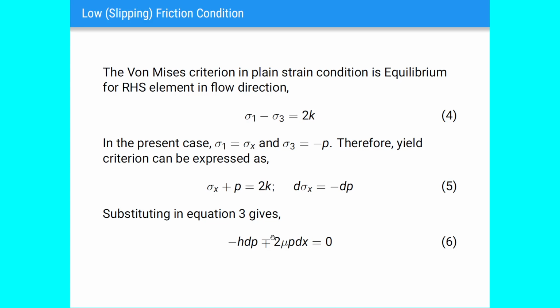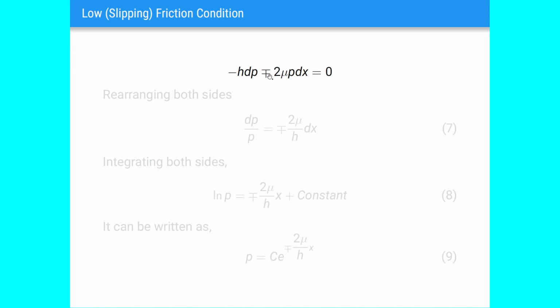Now we need to rearrange this equation 6, that is minus h dp minus plus twice of mu p into dx equal to 0. If you rearrange both sides, you will get dp upon p equal to minus plus twice of mu upon h into dx.